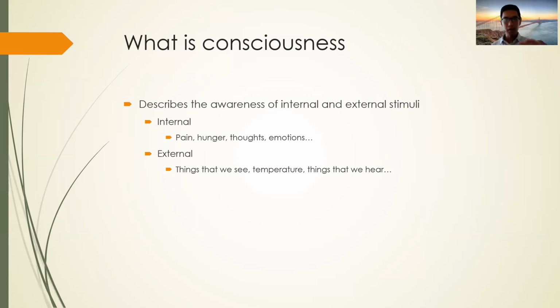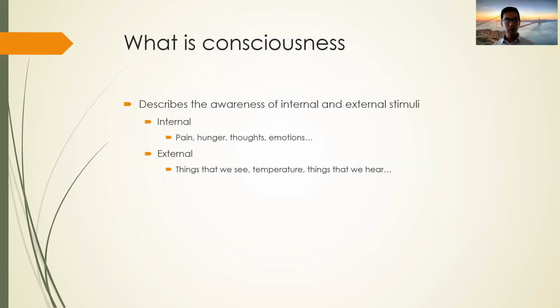Those external stimuli are captured by our neural system, right? Last week we talked about the different kinds of senses. Those senses get information from the environment, and the neural system sends information from organs such as eyes, ears, and skin to the brain, and the brain processes that information.